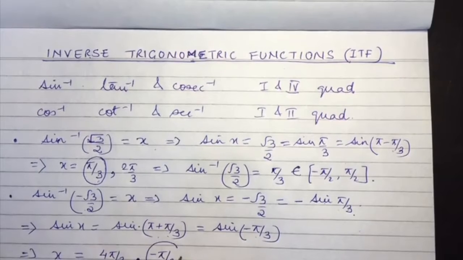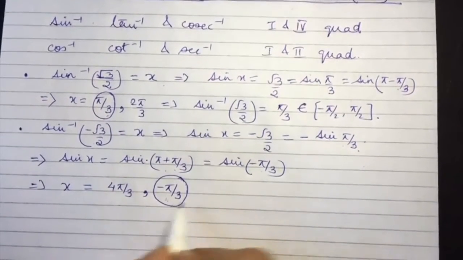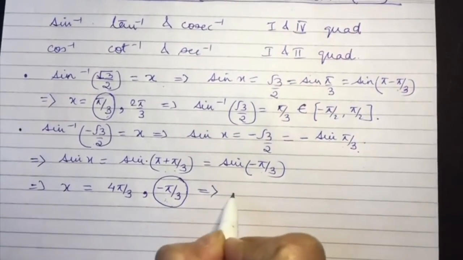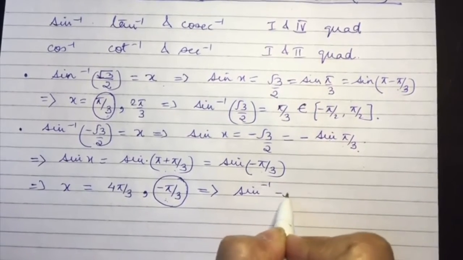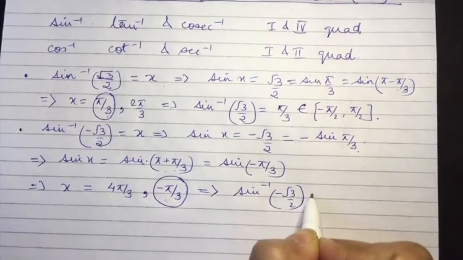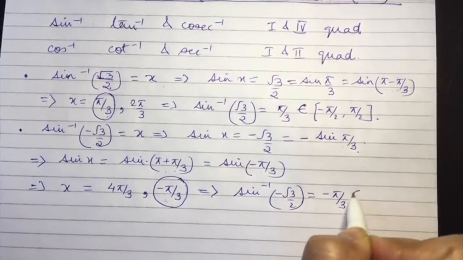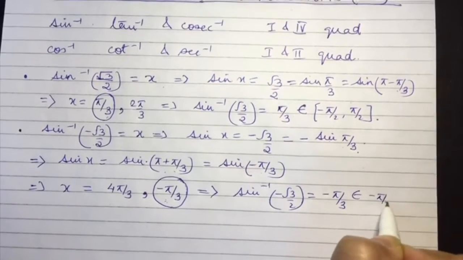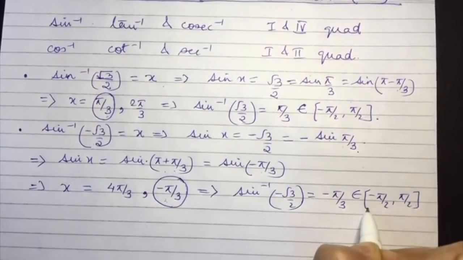Clearly minus pi by 3 is the value to be chosen as it belongs in the fourth quadrant, which is a part of the principal range of sine inverse, and thus we have sine inverse minus root 3 by 2 is equal to minus pi by 3, which belongs to minus pi by 2 to plus pi by 2.